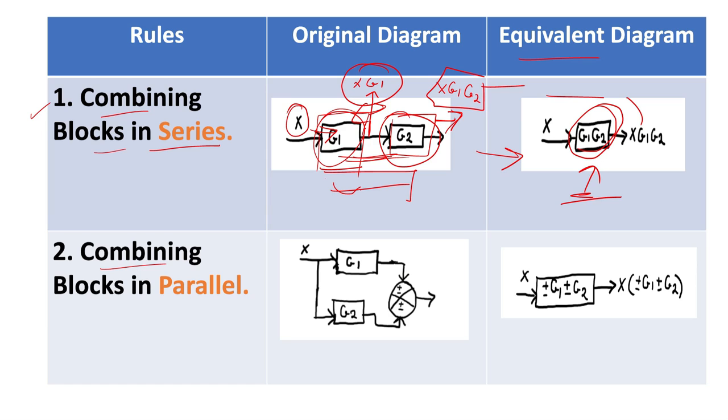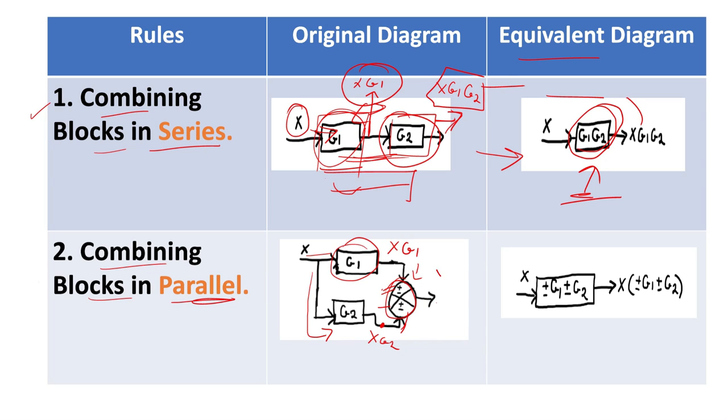In case they are connected in parallel like this, if X enters this block G1, then the output would be XG1, and here this X is entering again in G2. So the output will be XG2, and then they both are getting added or subtracted.